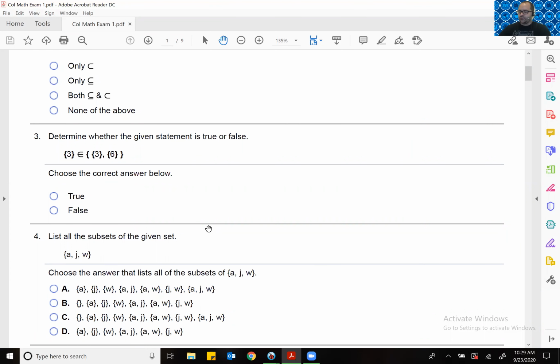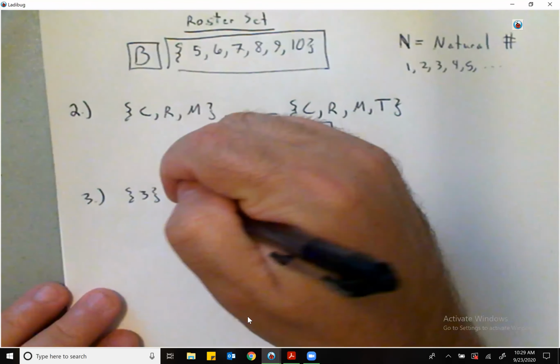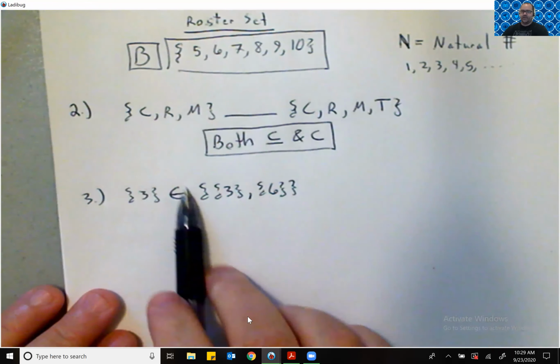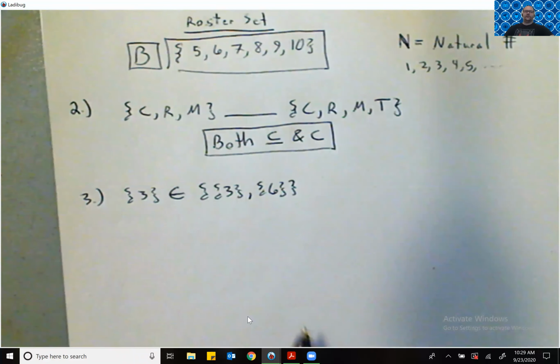So they just want to know true or false. What is that E looking symbol between my set notations? What is this symbol right here? What does that mean? Equal. Not equal. It's like a little phrase.